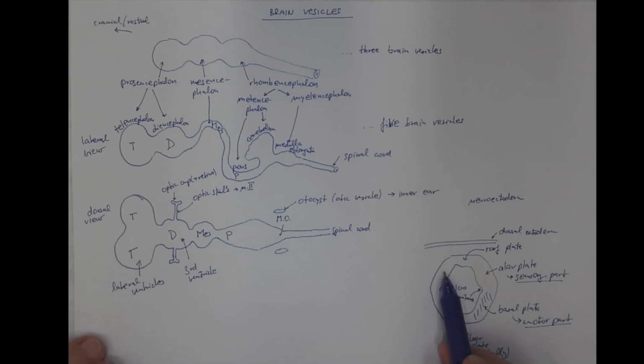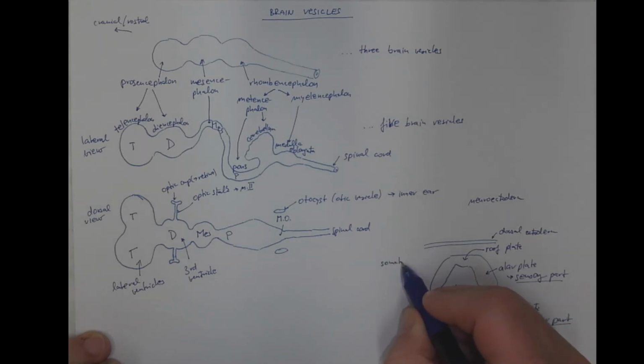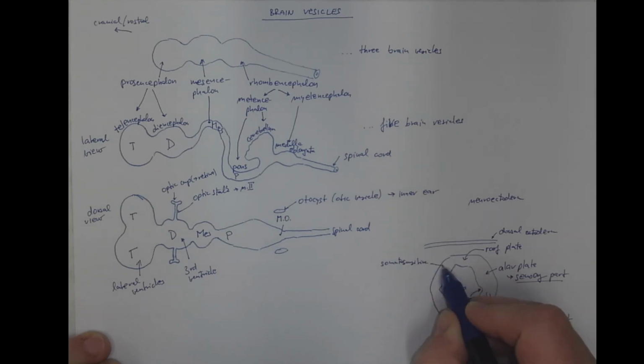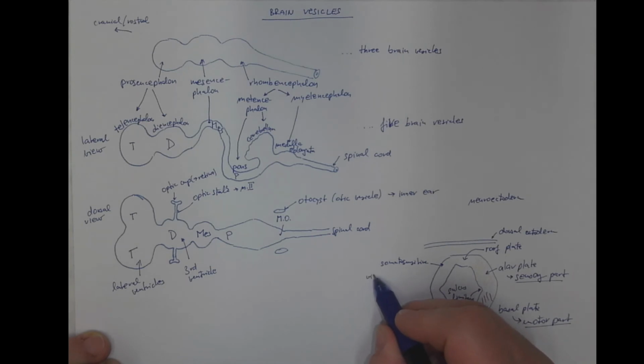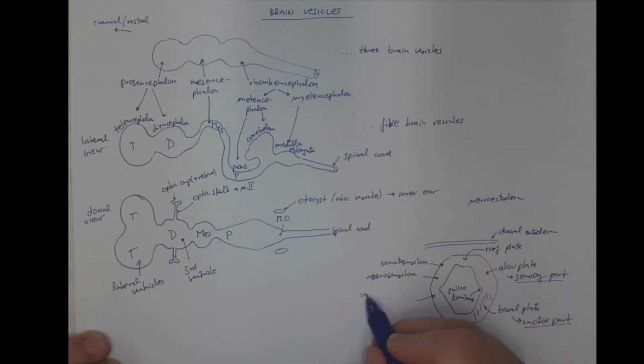The sensory part could be in more detail divided into somatosensitive region, which is the most dorsal one, and viscerosensitive, while the motor part is visceromotor, and the most ventral is the somatic region.